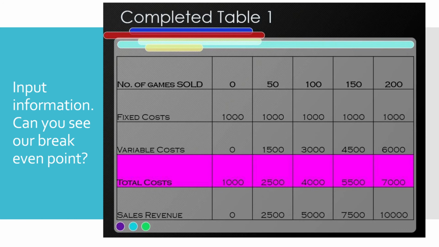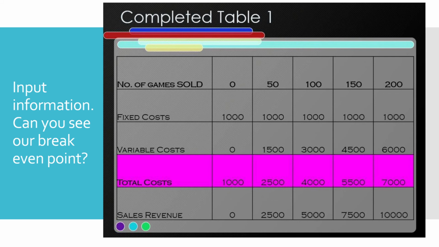So we could see that our total costs, 2,500, and our sales revenue, 2,500, are the same. So when we sell 50 units, we're not losing money, but we're also not making money. So that tells us that any sales past 50, we're going to make profit.